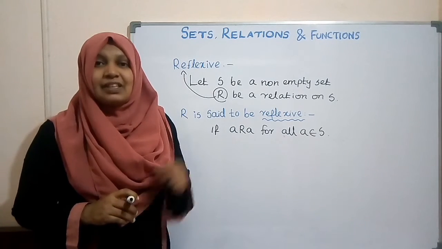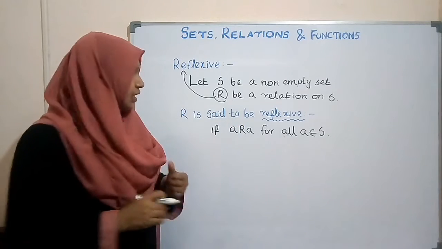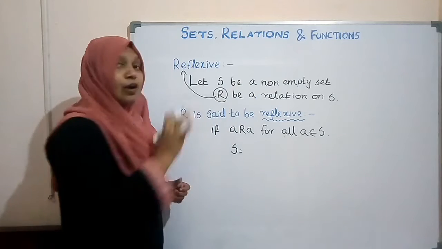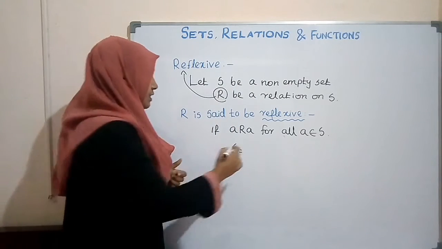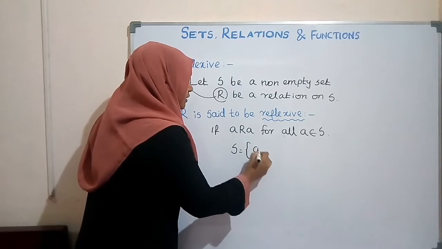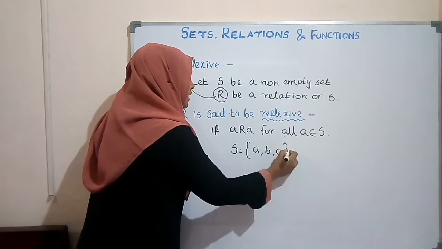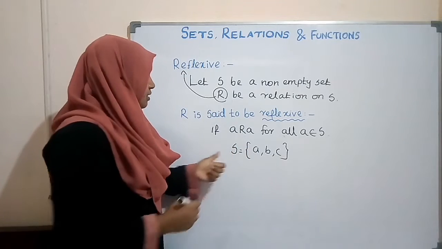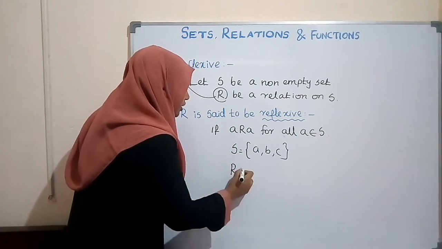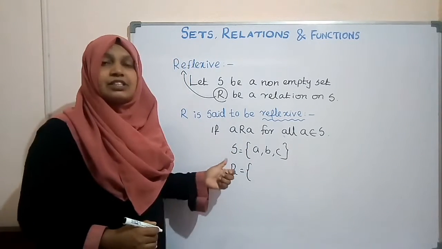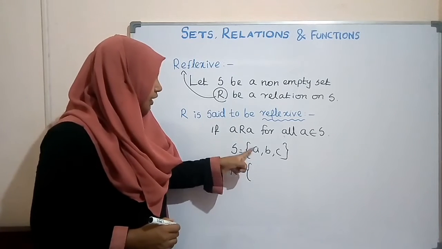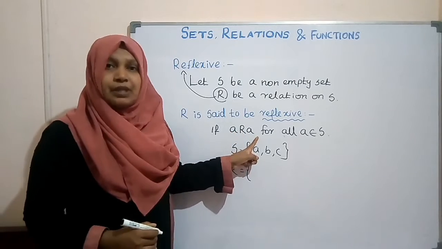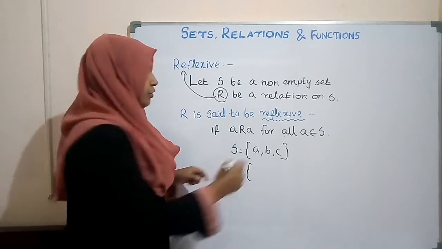Consider one example. We can learn this through one example. Consider one set S, and S is the non-empty set. You can consider any set, with the elements A, B, C. Now it is a non-empty set and we can write relation R, and when this relation R is reflexive, for all A belongs to S, A is related to A. What is the meaning of A related to A?